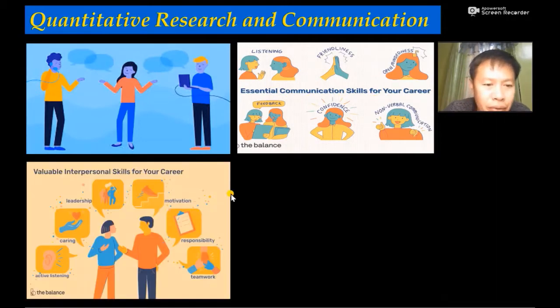We are going to proceed with the third picture, valuable interpersonal skills for our career. Valuable interpersonal skills are skills which are very much needed in dealing with other people. We have leadership. If you do not know how to lead, you cannot deal with many people. Caring. We have active listening.